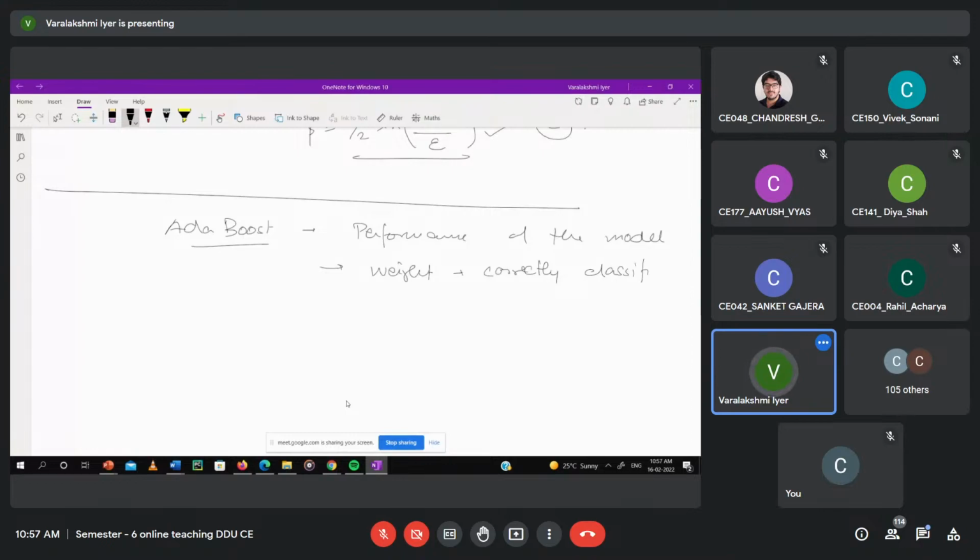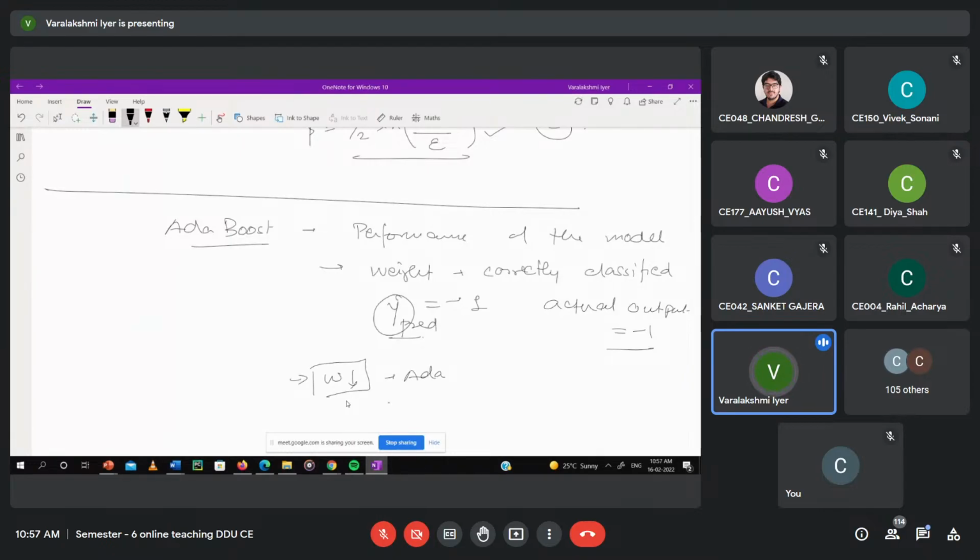Correctly classified means what? If the predicted output y pred is -1, then the actual output was also -1. In that case, your weight will decrease, as we discussed in the AdaBoost algorithm.